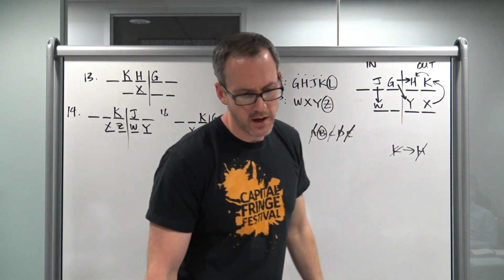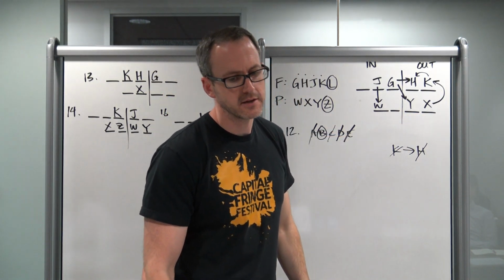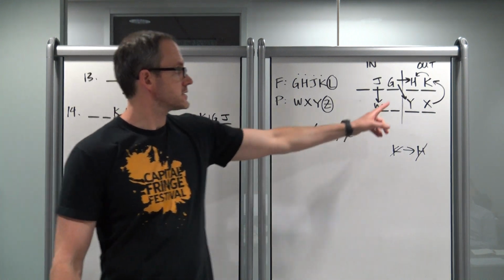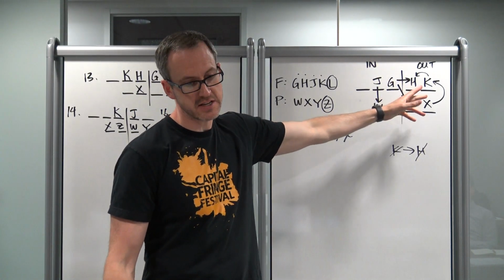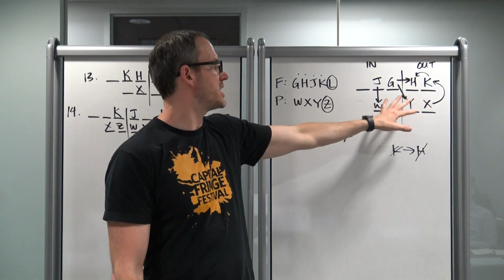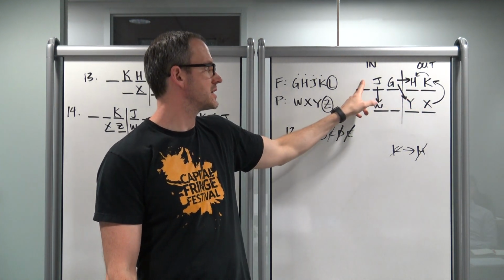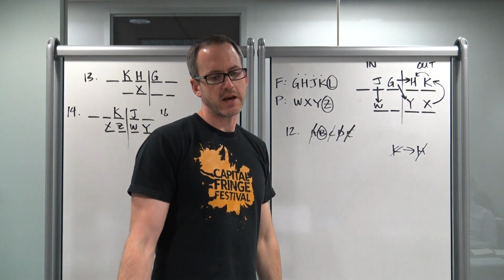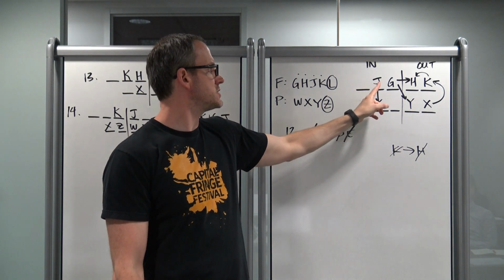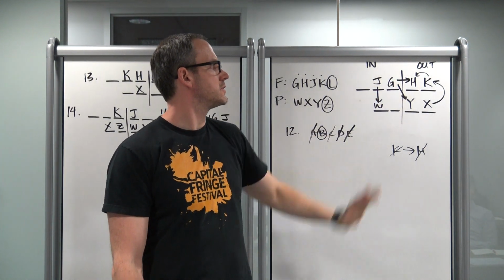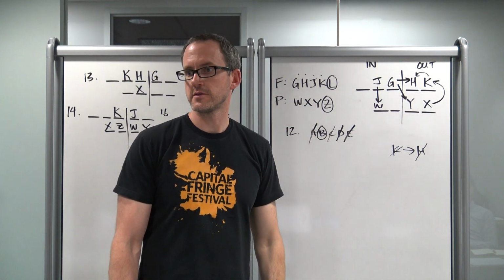Then it says HJK. Now, in this case, if H is in, we know G is out, and so that's fine. J and K seem like they could both go in. How about HJL? So if you have H, J, and L, what's out?